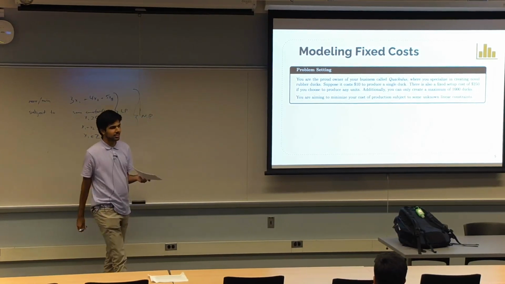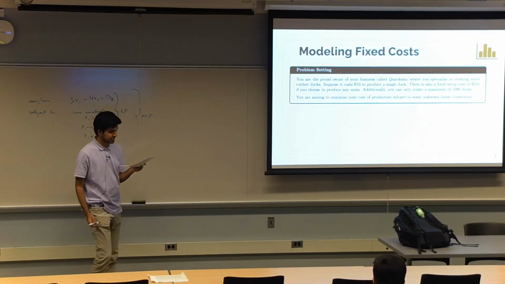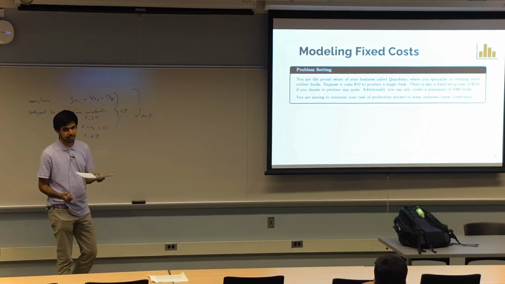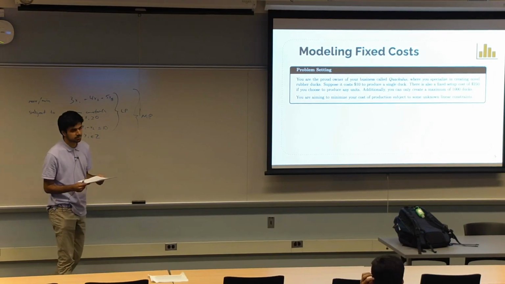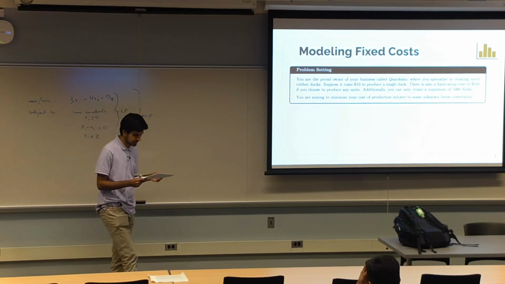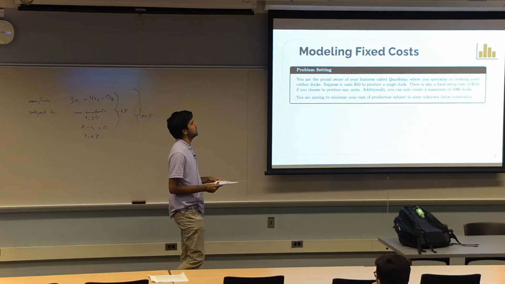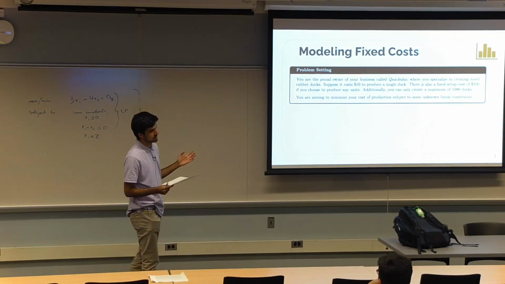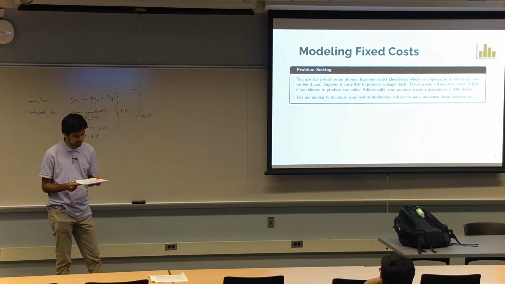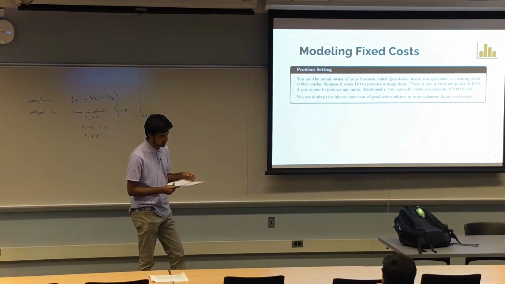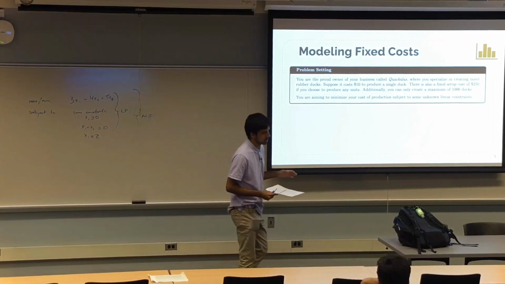And we'll suppose that it costs $10 to produce a single duck. There's also a fixed setup cost of $250 should we choose to produce any ducks. And additionally, we'll have this constraint that we can only create a maximum of 1,000 ducks. And lastly, we're aiming to minimize our cost of production subject to some unknown linear constraints.